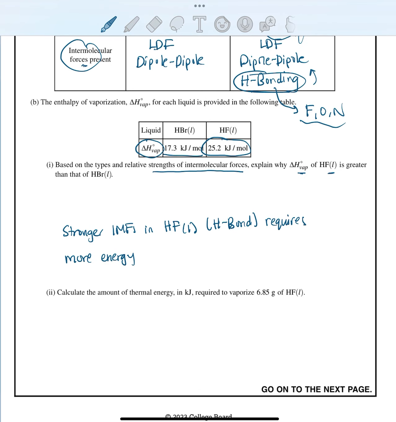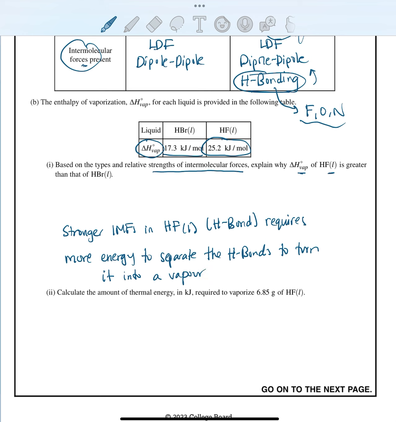So what did I write here in my answer? Stronger intermolecular forces in the HF due to an H bond requires more energy to separate the H bonds to turn it into a vapor.